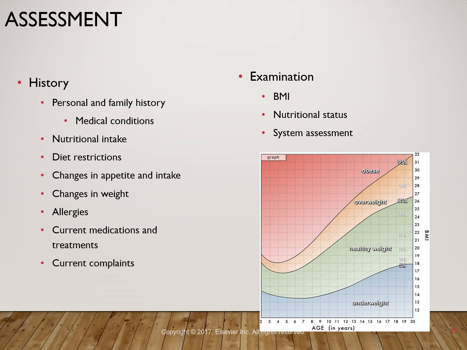Examination findings. Several techniques are used to assess nutritional status, including general observation, anthropometric measurements, and other various clinical findings from systems assessment. Measuring height and weight and determining body mass index are the initial steps in assessing nutritional status. General goals and interpretation guidelines for BMI are presented in Table 16.4 in Concepts.